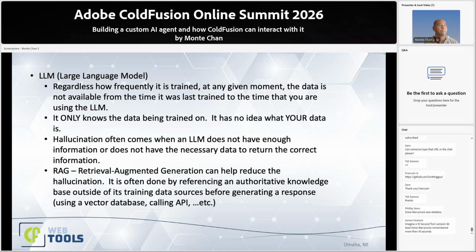Basically, before returning the result back to the client, it would call, say, a database, make some API calls, or use some external resources to get more authoritative knowledge first, and then combine that with the LLM to form a more correct response, and then send it back to the client.